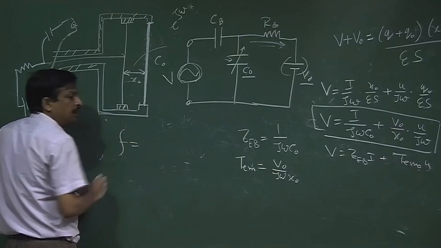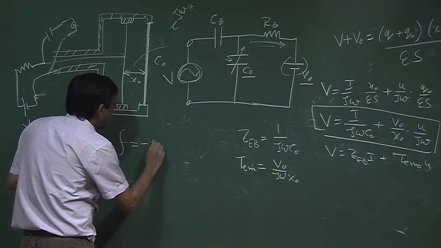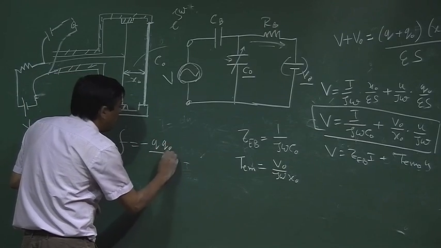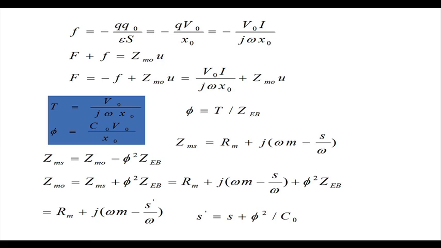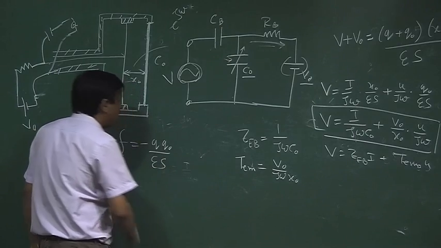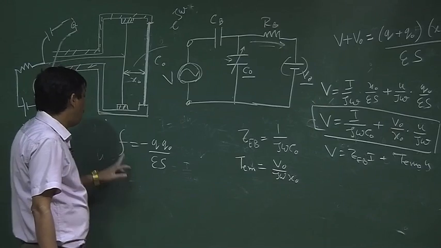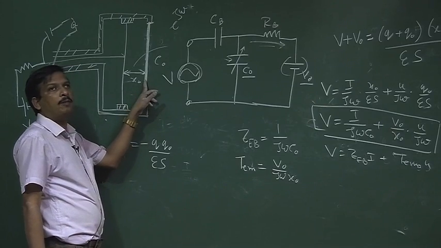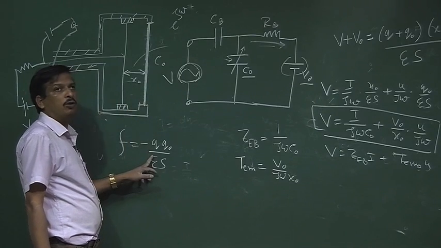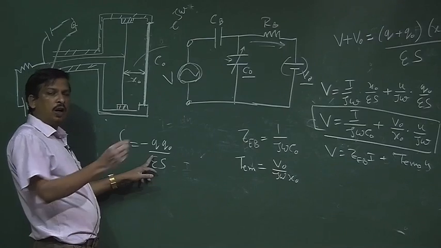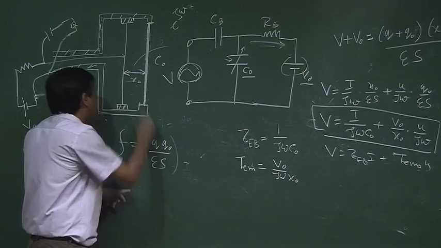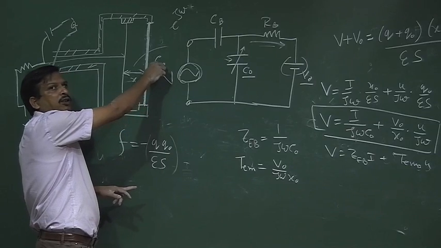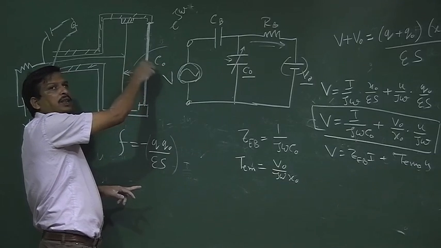Force F is nothing but minus Q into Q0 divided by epsilon into S. The mechanical force wants to change the diaphragm, and the Q amount of charge induced due to the mechanical force will be changed.